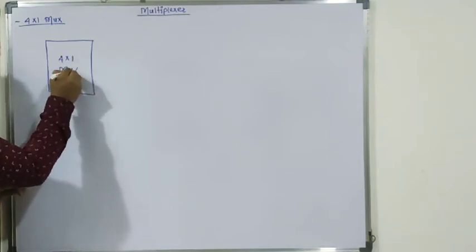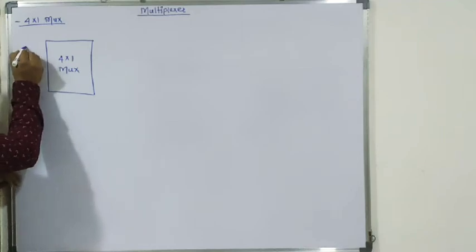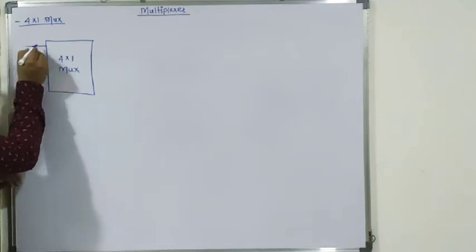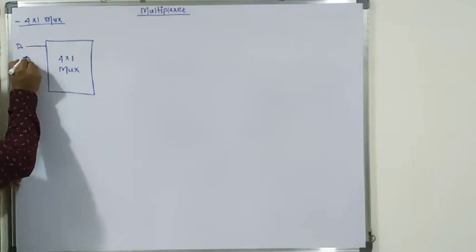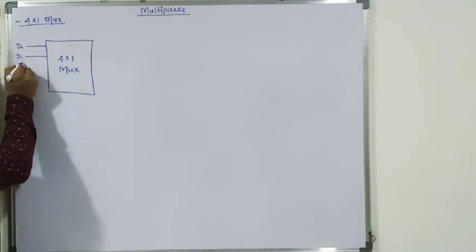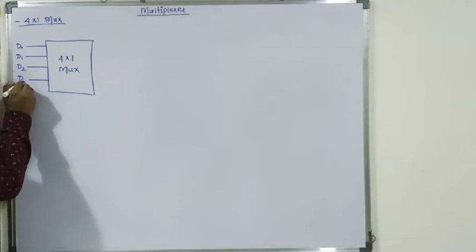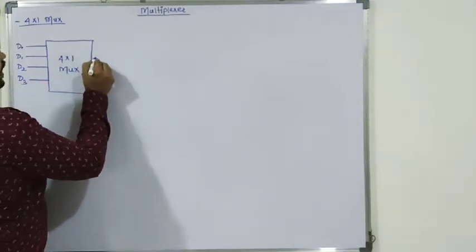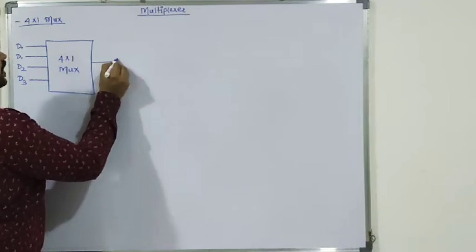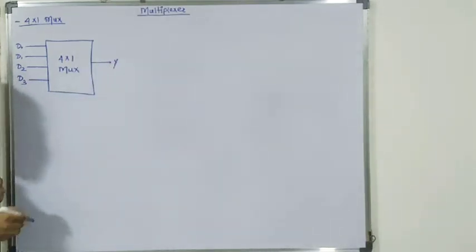Here we have D0, D1, D2, and D3 as inputs, and one output, Y.